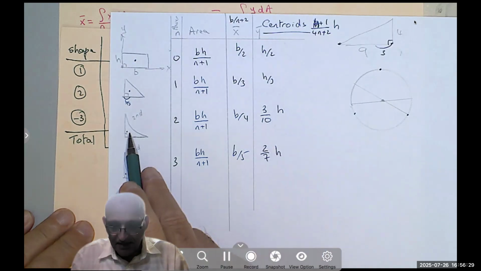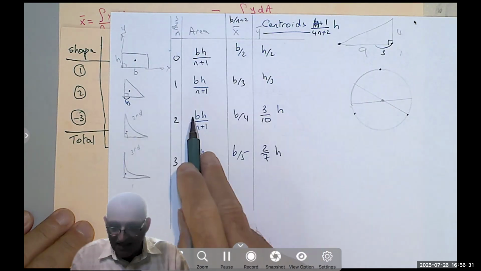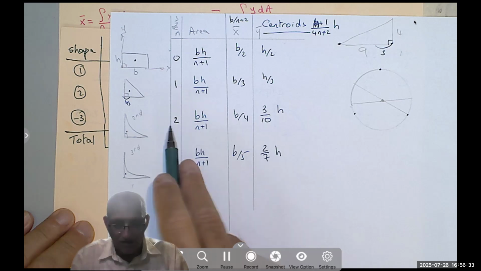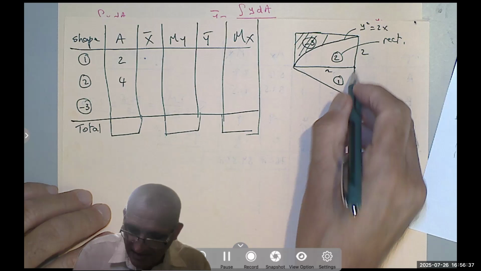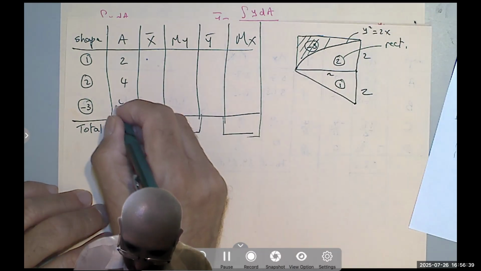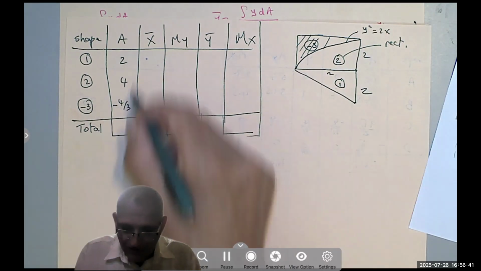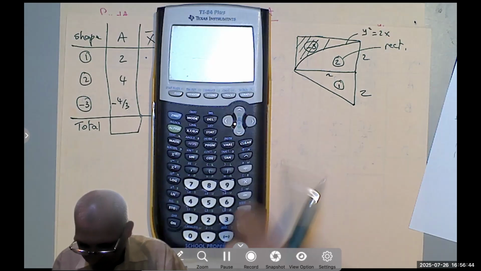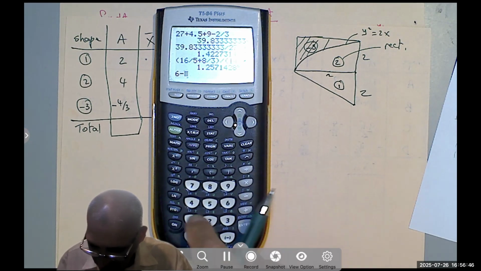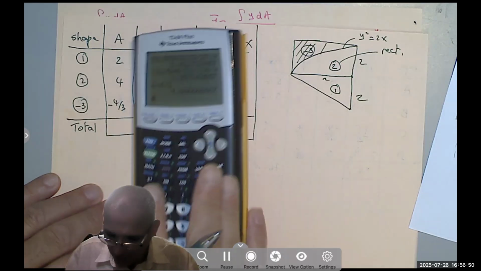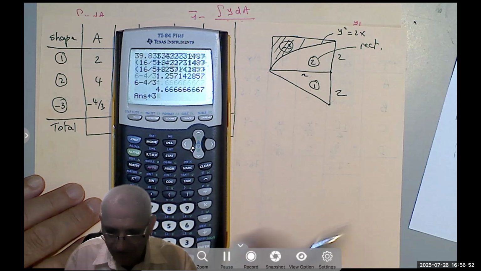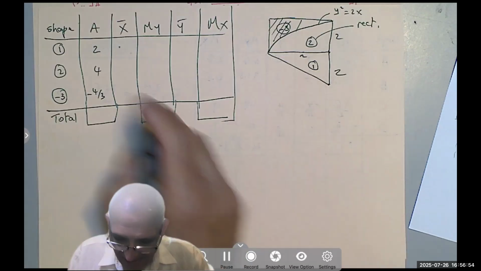The second degree parabola, its area is BH over n plus 1, so 1/3 base times height, 4, it's -4/3. So 6 minus 4/3 is 4 2/3. 4 2/3 meaning 14/3, exactly like before.